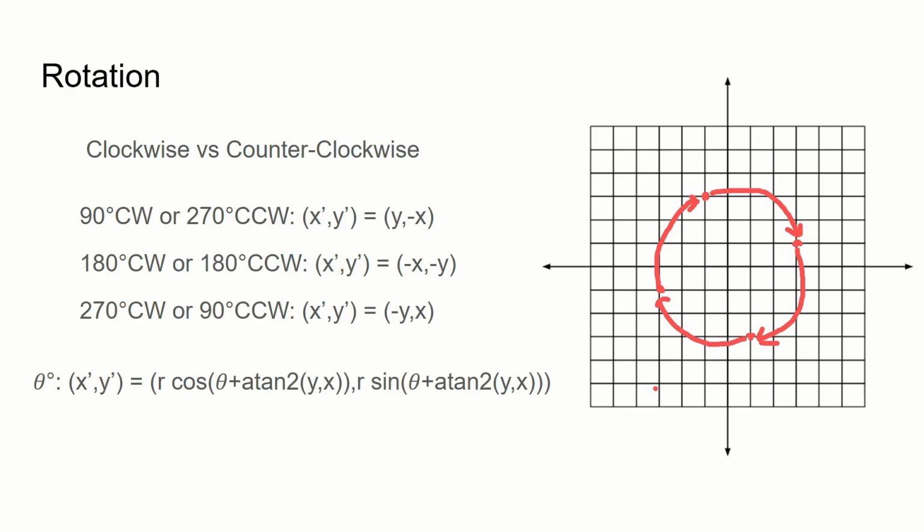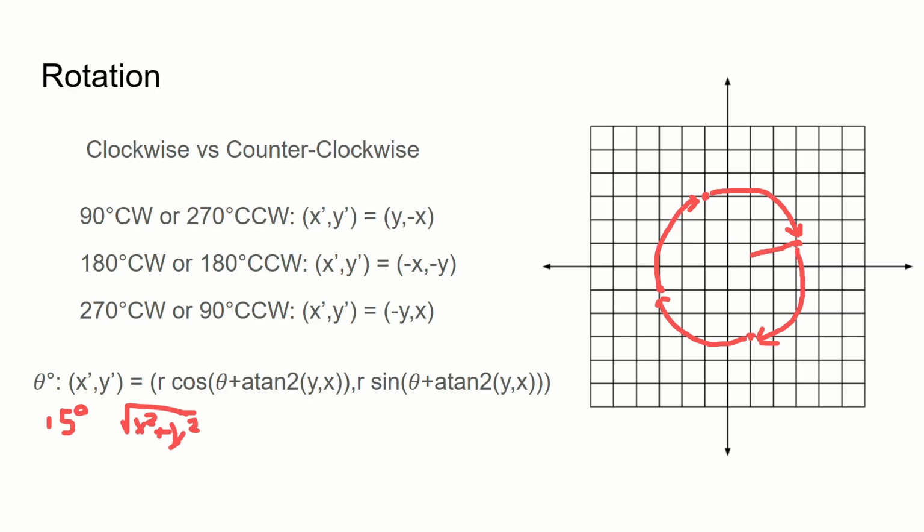But then, what if we're not doing an even number or a kind of nice number rotation? What if it's just a random value? So let's say we're doing 15 degrees or something. Then we'll have to use this formula. So r will be the magnitude, so it will be the square root of x squared plus y squared. And then atan2 essentially just tells us the angle.